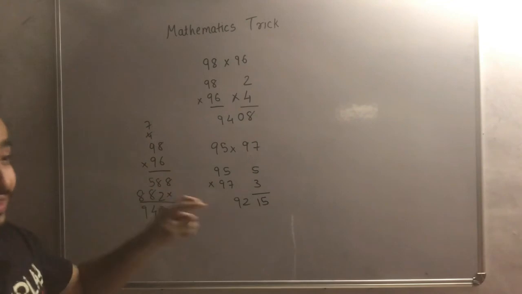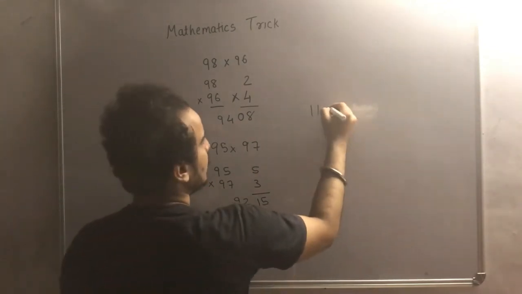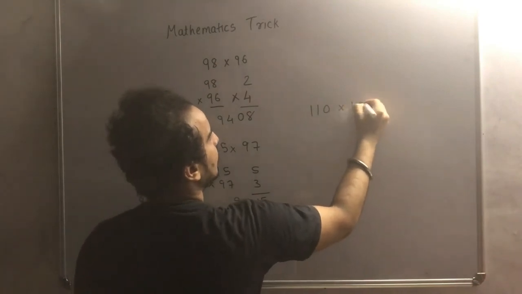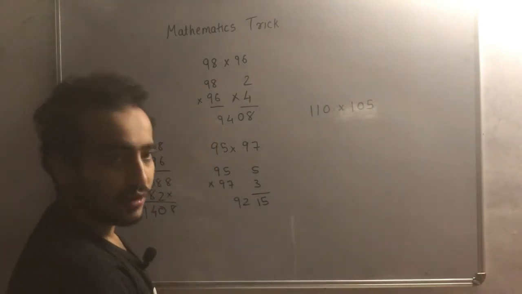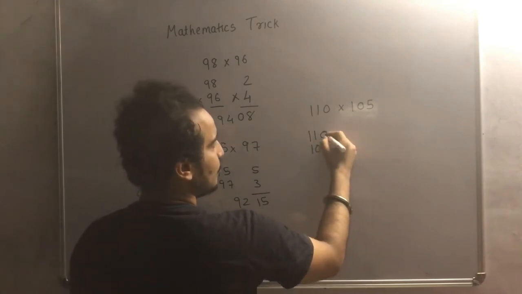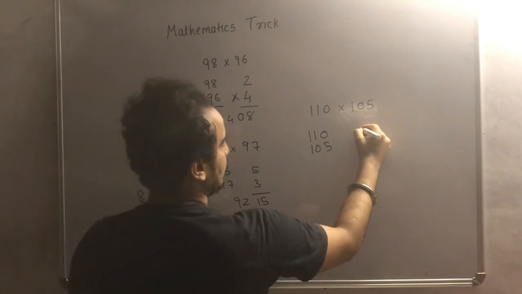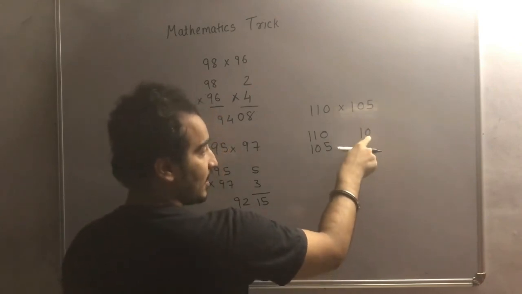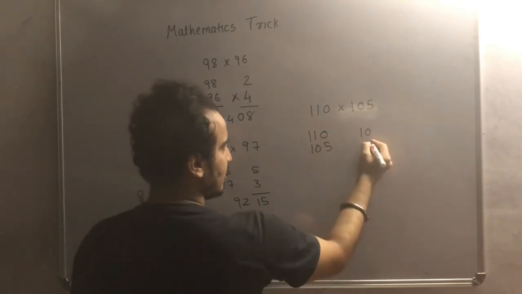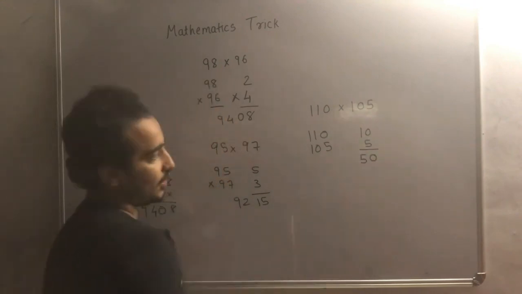So these are numbers less than 100. What about more than 100? For example, 110 into 105. First we check how much away it is from 100. It is 10 and 5. 100 plus 10 is 110, and 100 plus 5 is 105. 10 5s are 50. We will write 50 here.